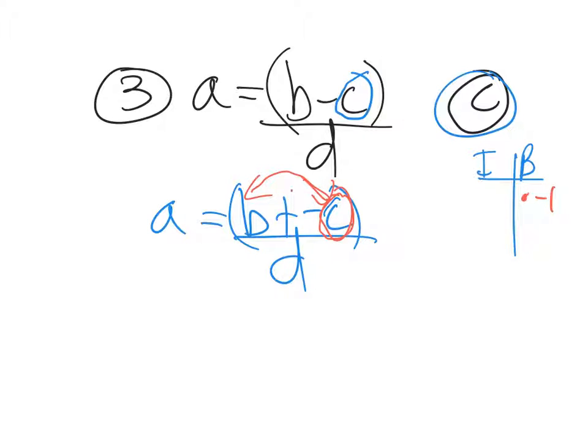Then the next thing I see is there's a plus sign for plus b. Once I have that done, I divide by d. So I have to do my brackets first, and then within the brackets, I follow order of operations. So again, the trick there is to see b minus c as b plus negative c.